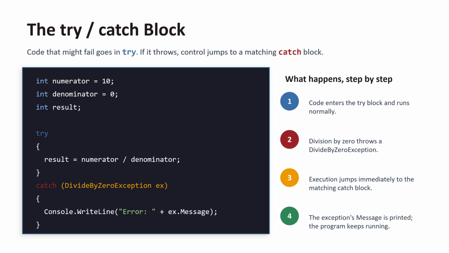It immediately jumps to the matching catch block, and the catch block runs. The exception's message property gets printed to the console, and the program keeps running afterwards. We didn't crash, we handled it. And so this is the pattern you want to use again and again: isolate risky code in try, respond to failure with catch.